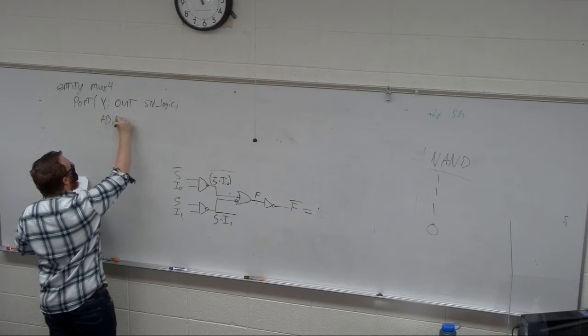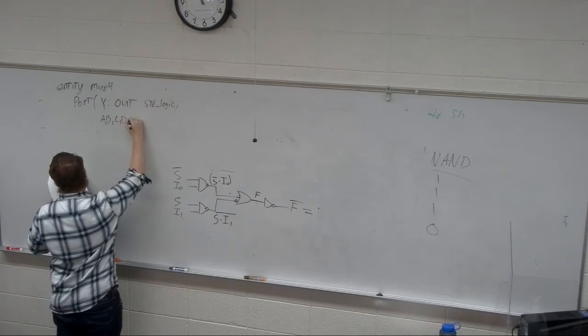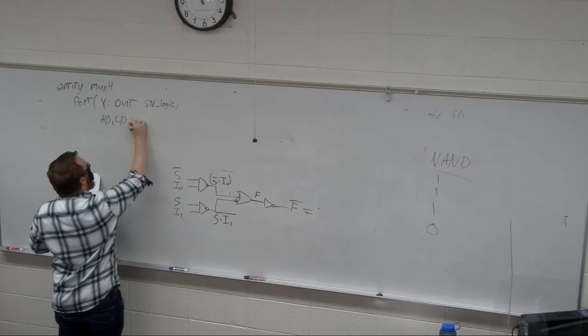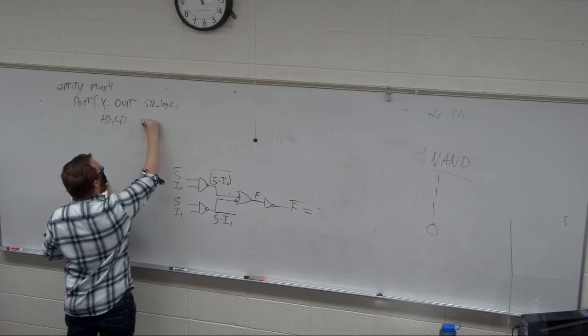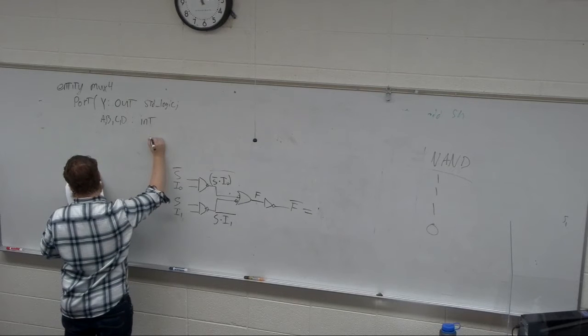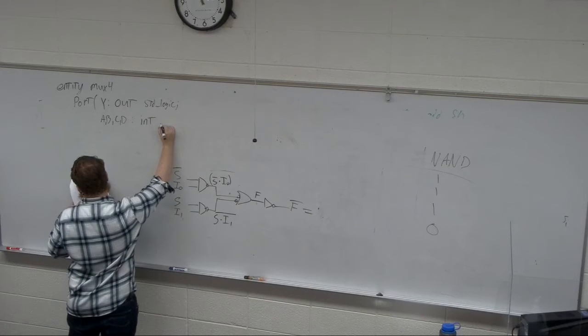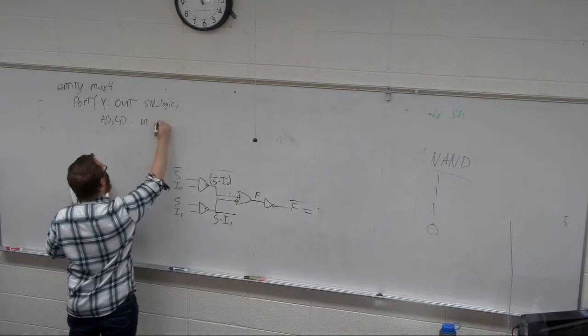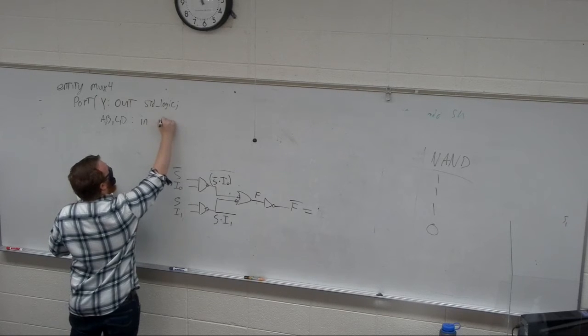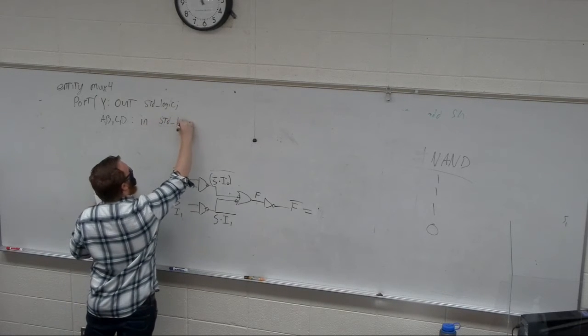A, B, C, D. And these are each going to be, well, they want to use integers, right? I think. No. What are we doing? INT? Ugh. Ins. Typos in this book are awful. And it's also standard logic.